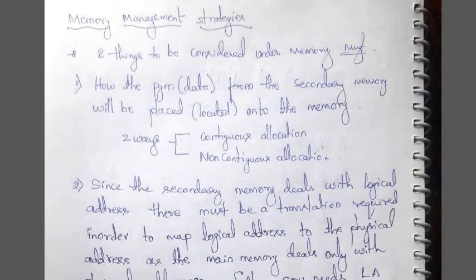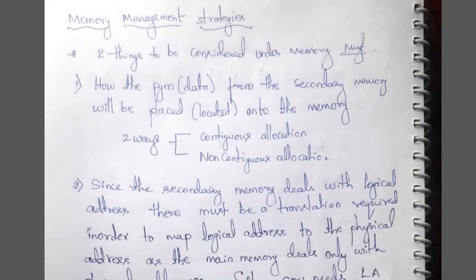So two things to be considered under memory management. The first point is how the program or the data from the secondary memory will be placed onto the main memory. That is the first task the memory management has to worry about.